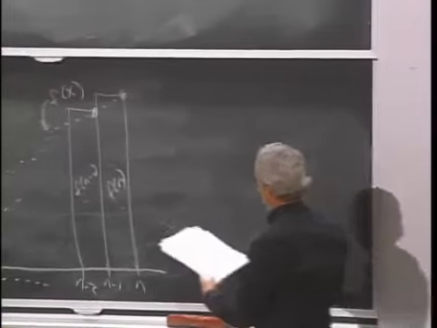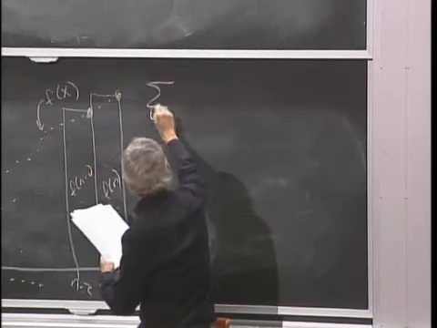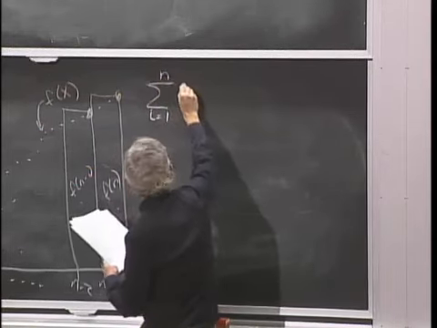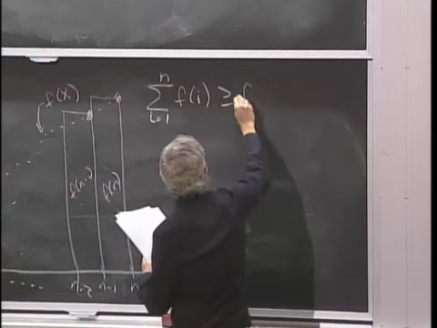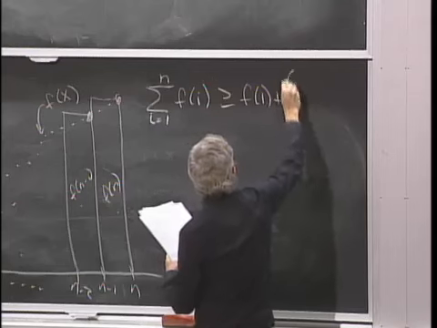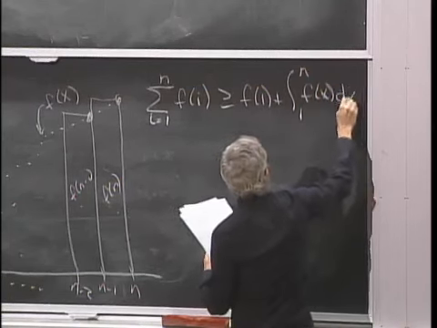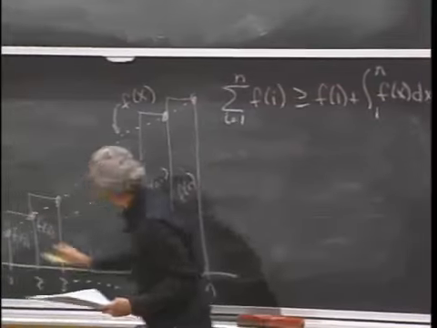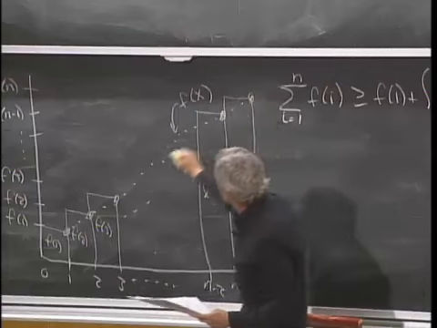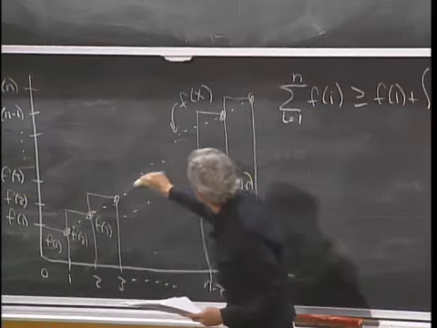Now I claim that the sum I equals 1 to n of f of I is at least f of 1 plus the integral from 1 to n of f of x dx. Now the integral from 1 to n of f of x is the stuff under the curve.